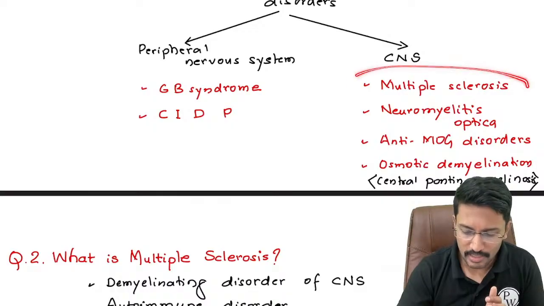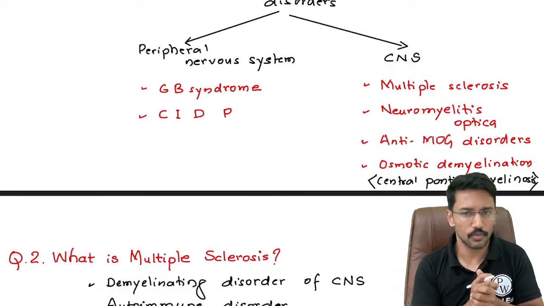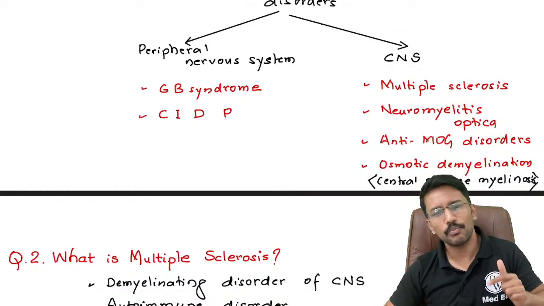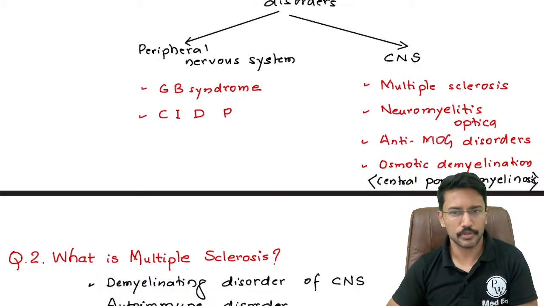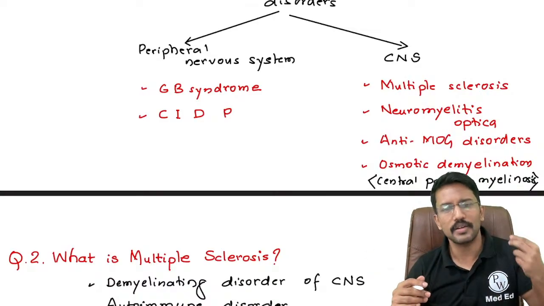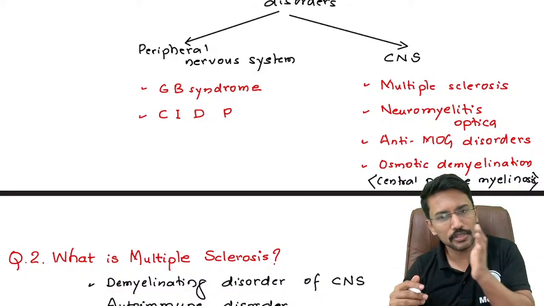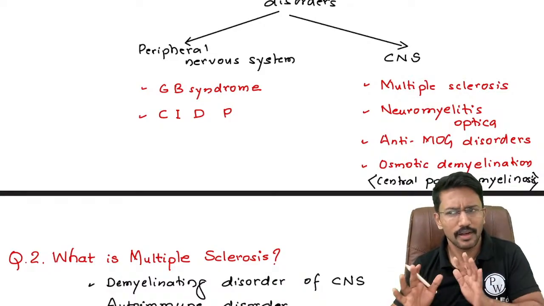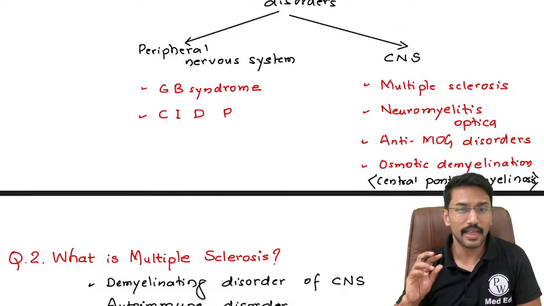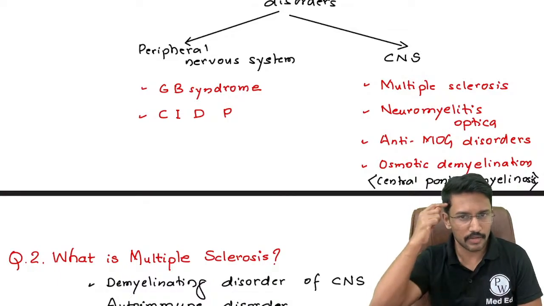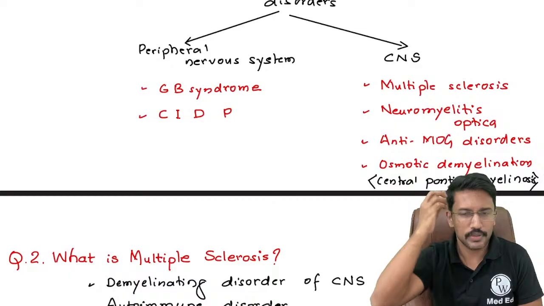On the other hand, multiple sclerosis is a polyphasic disorder. What does that mean? These patients will have multiple episodes of demyelination, not a single episode. So it is a chronic disorder where repeatedly, again and again, demyelination keeps happening. A classical comparative example I can quote is alopecia areata, which some of you might have studied, where patients have coin-like loss of hair, right?